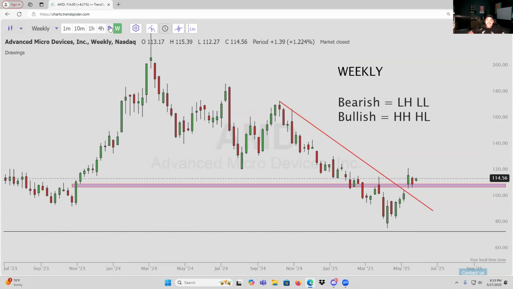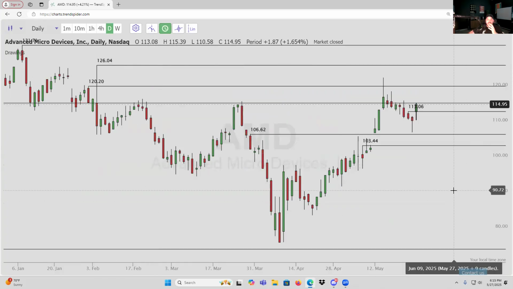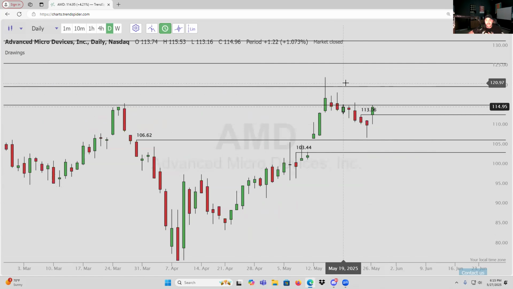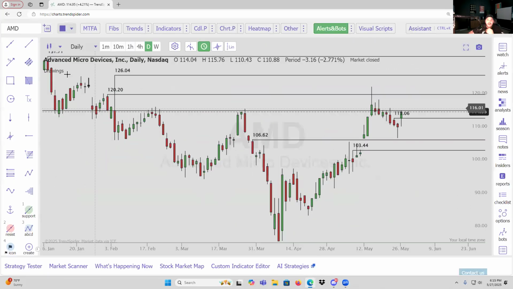Now, let's go to the daily time frame because this is where it is pretty important. What do you see here? Well, if you can't see it already, this to me looks like a flag, right? It looks like a nice flag. Very simple.